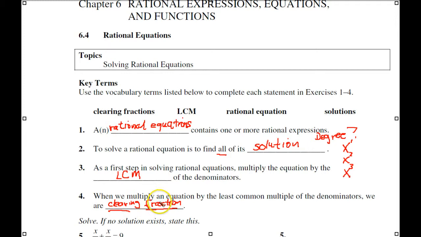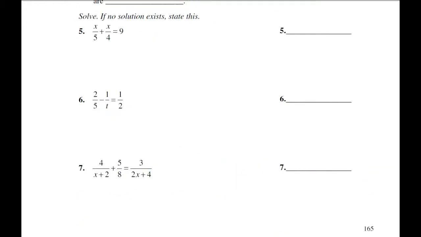Now, it's not the same equation anymore, but it's an equivalent equation where x still has the same value, but there's no fractions, and it's easier to work with. So as we start on these, let's do it in phases.